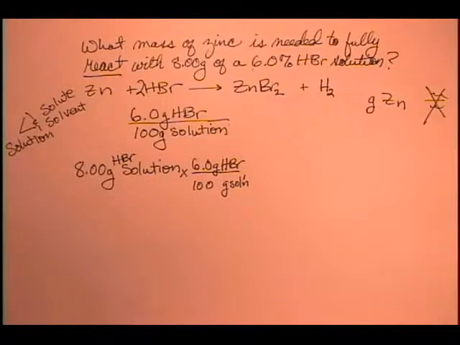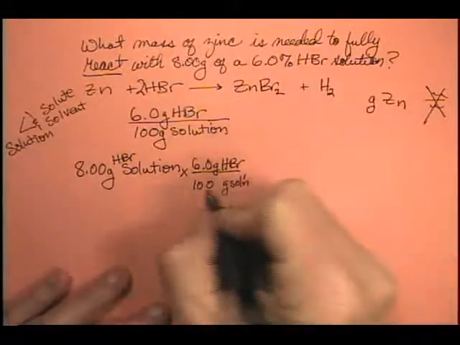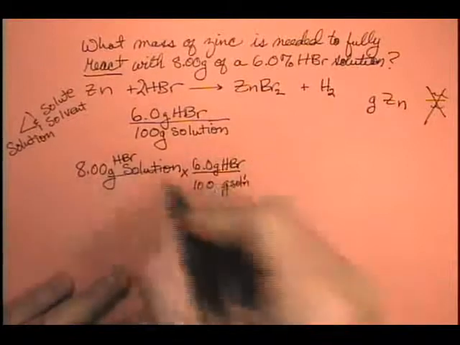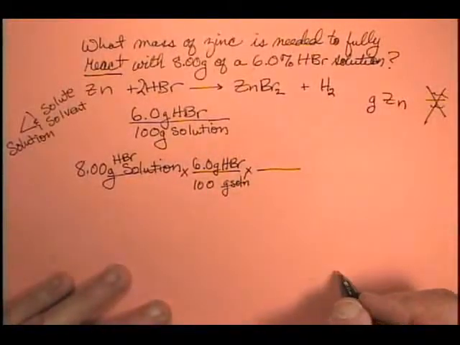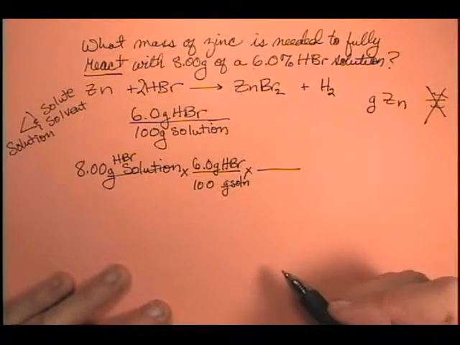On my periodic table here, I'll use the green one instead of the orange one. So if I stop now, grams of solution, I have grams of HBr. I need to get this into moles of HBr so that I can use my mole to mole ratio.